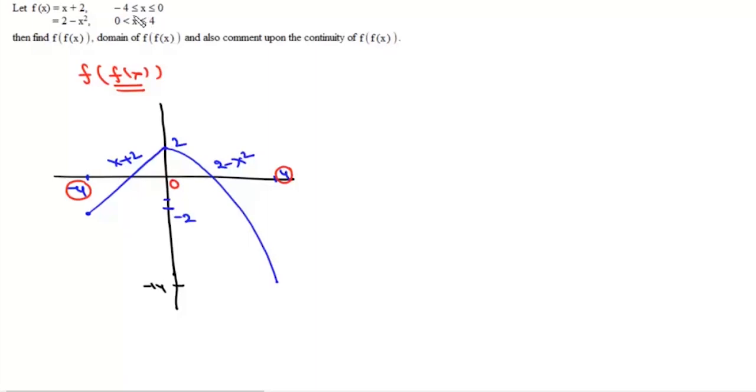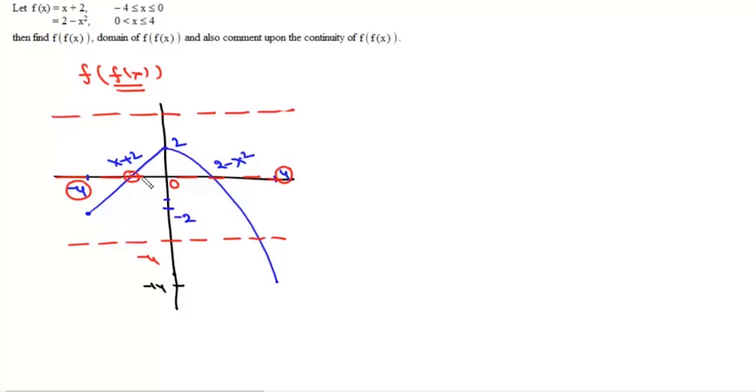Now we'll draw horizontal lines at minus 4, 0 and 4. So we'll draw a horizontal line at minus 4, a horizontal line at 0, and a horizontal line at plus 4. And we'll mark these points of intersection.